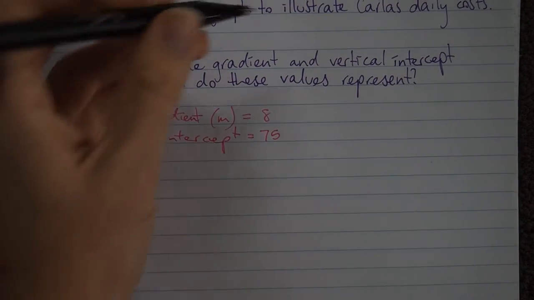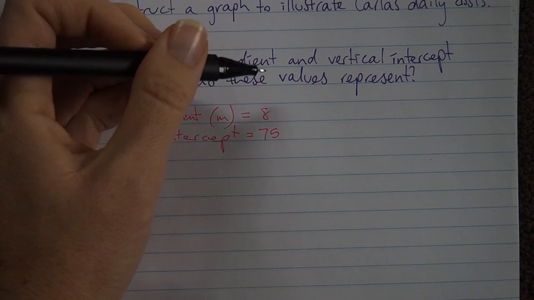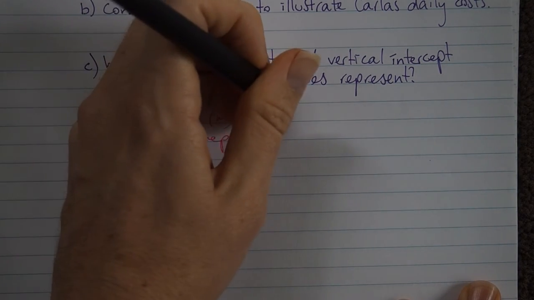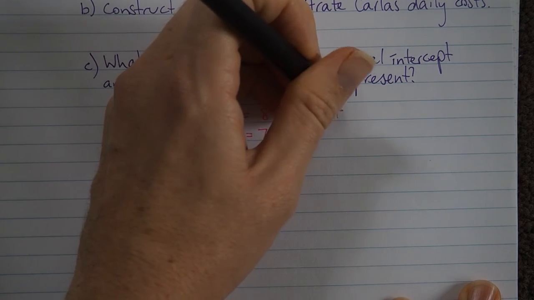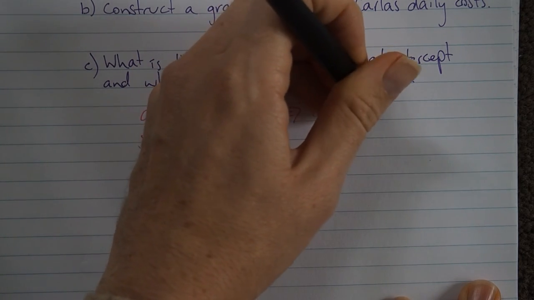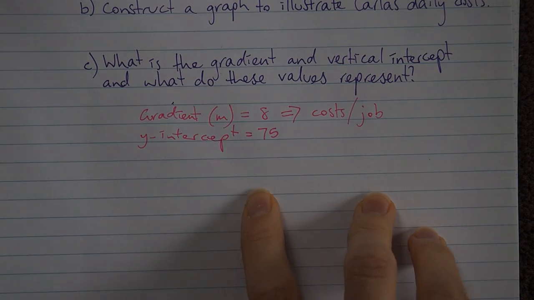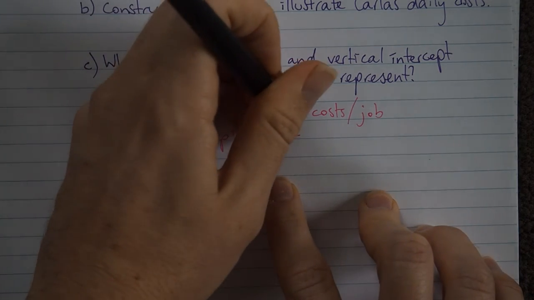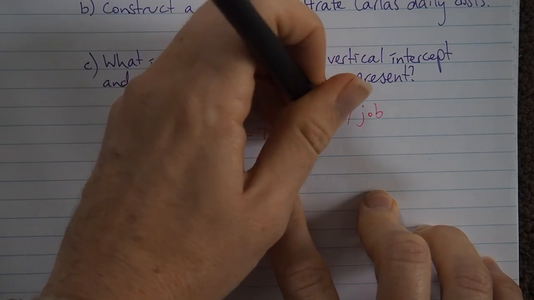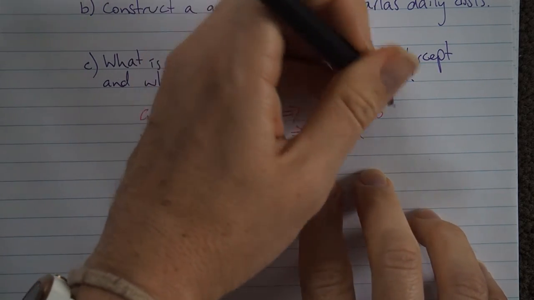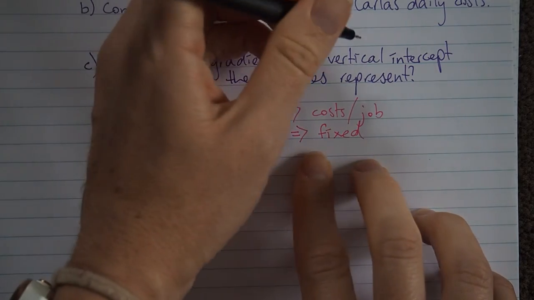So what do these represent? The gradient represents the costs per job. You can think of that like a rate. And the vertical intercept represents the fixed daily costs. No matter how many jobs Carla does, it's going to cost her $75.